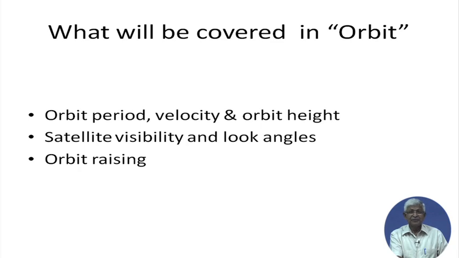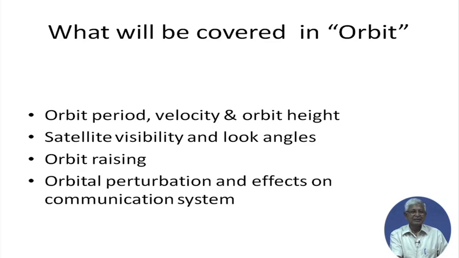Then briefly we will learn how to reach that orbit, how people try to reach the orbit, and then the orbital perturbation, the changes in the orbit, and the effect of the orbital location of the satellite on the communication system also we will learn. So very briefly, these are the major subtopics that we will cover.